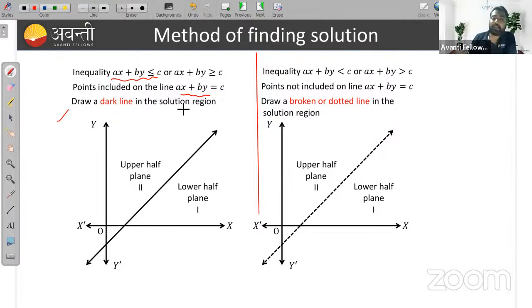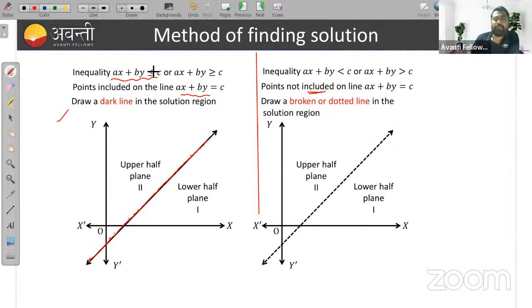Draw a dark line in the solution region. अगर लाइन के ऊपर जितने सारे पॉइंट्स हैं वो मेरी इनइक्वालिटी को सेटिस्फाई कर रहे हैं, that means you have to draw a dark line. Clear है ना. If the points are not included, draw the broken dotted line in the solution region. ठीक है, चलो.